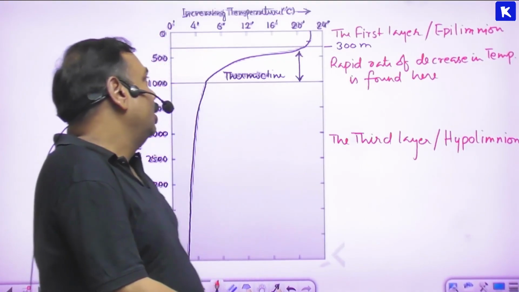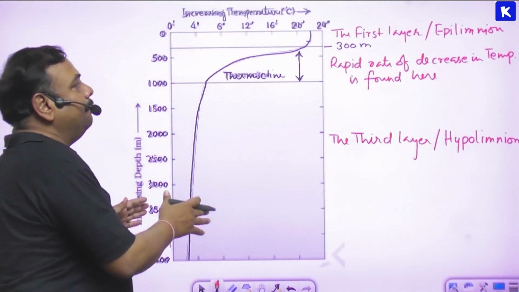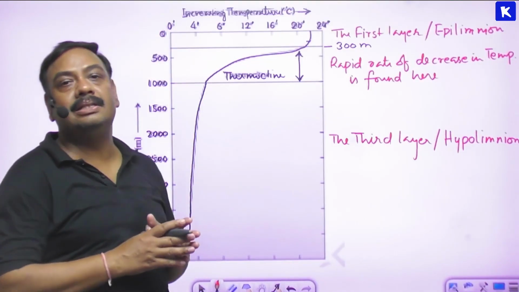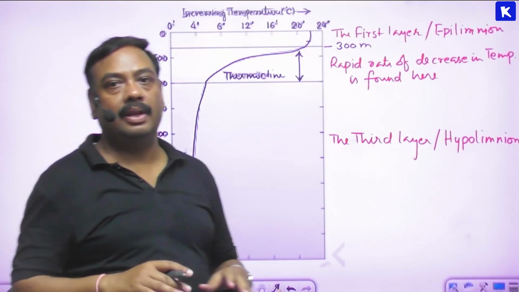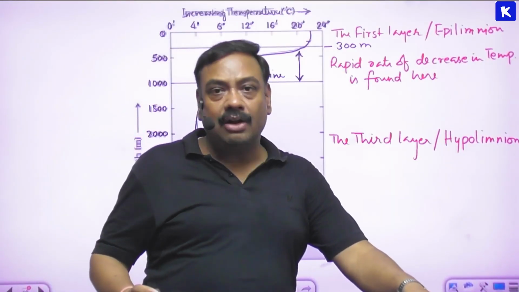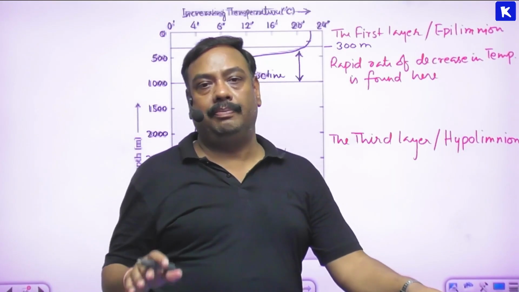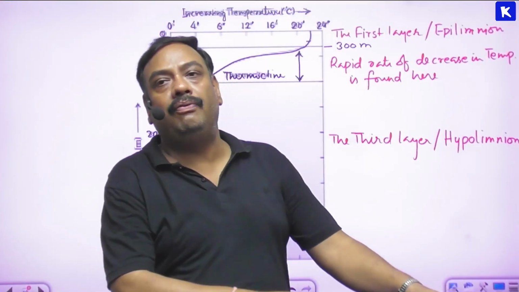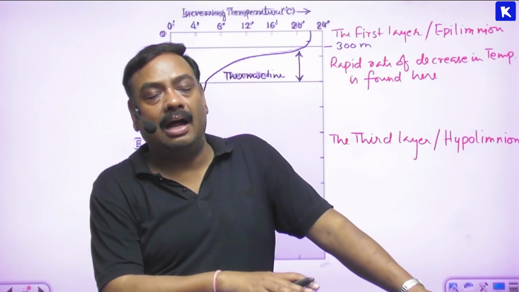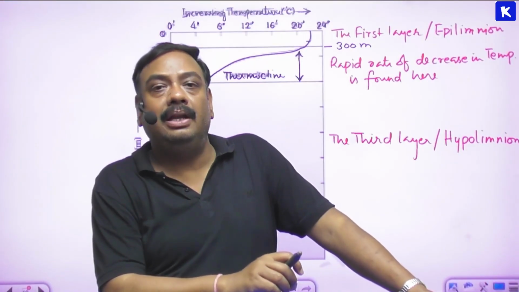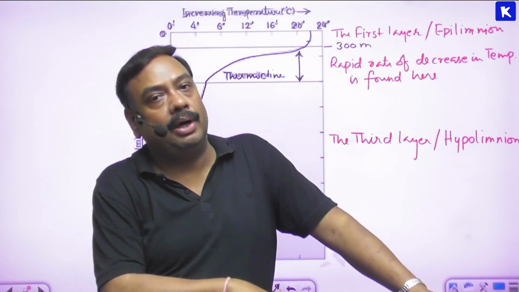Okay. So here we have seen how temperature is getting changed with the increasing depth. But one more thing we have to observe here. In the start of the class, I told you that the maximum amount of heat energy is received on the sea surface, and after that the heat energy is transmitted towards the bottom.